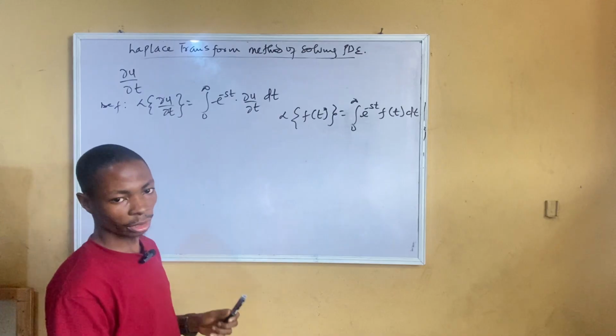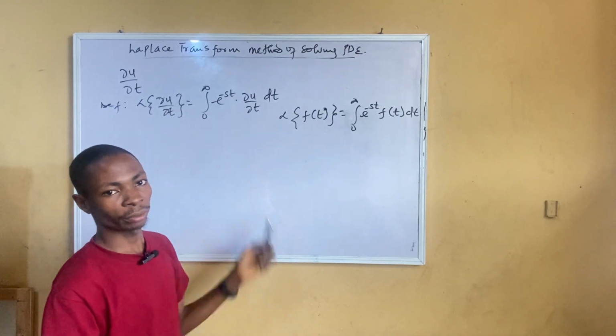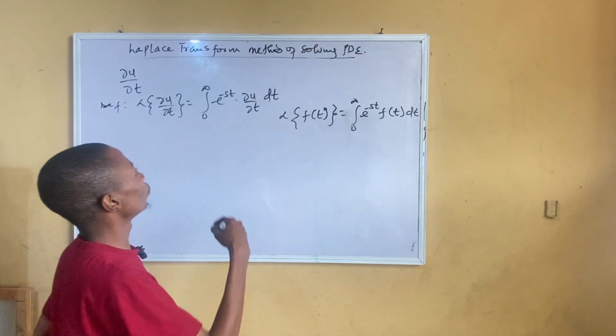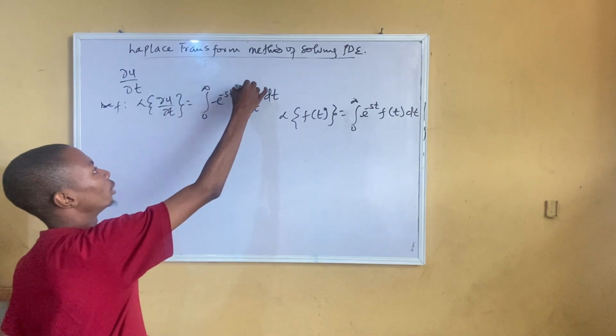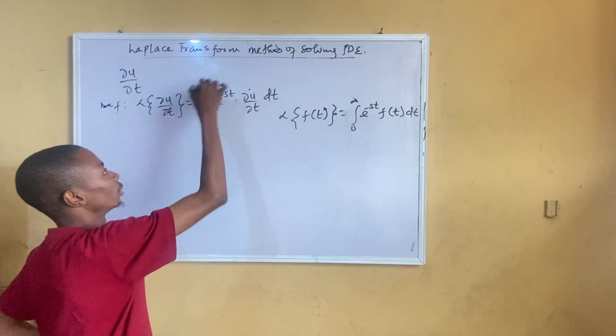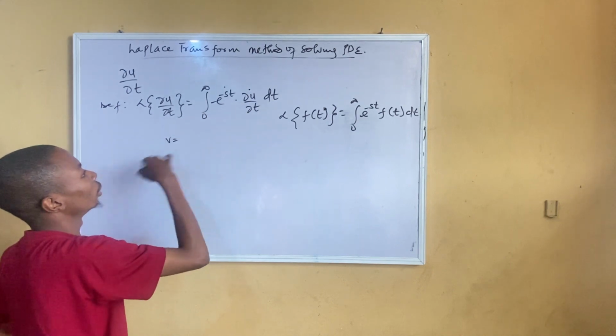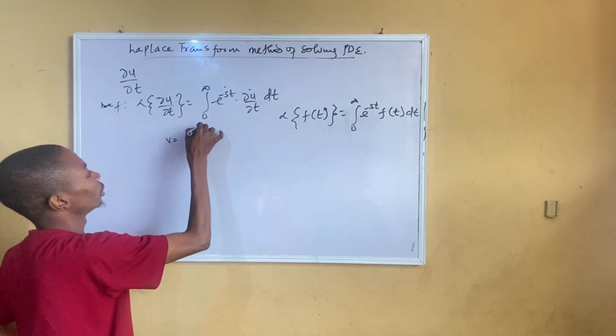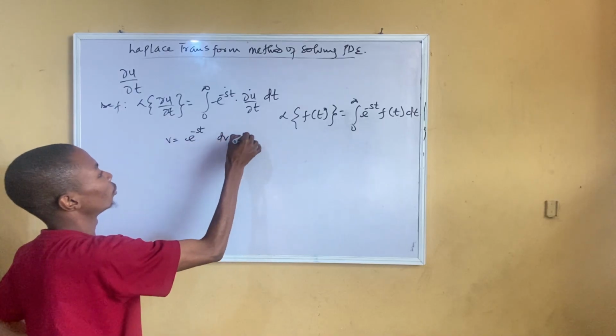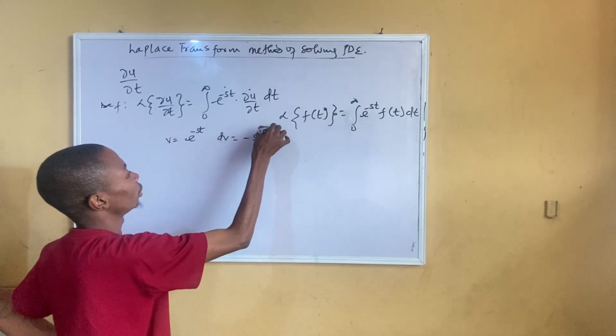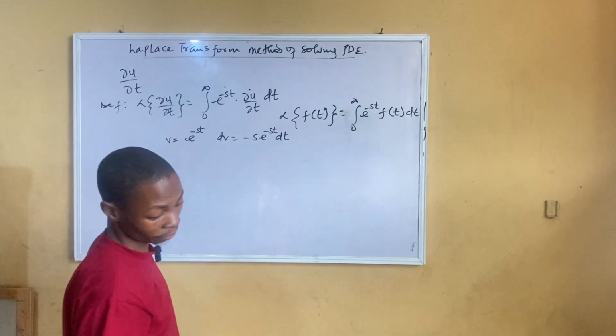Integration by parts: we integrate one function, differentiate the other one. I will just use the shortcut. I will differentiate this and integrate this. Let v equal e to the minus st, so dv equals minus s e to the minus st dt. That is when I take dv dt.